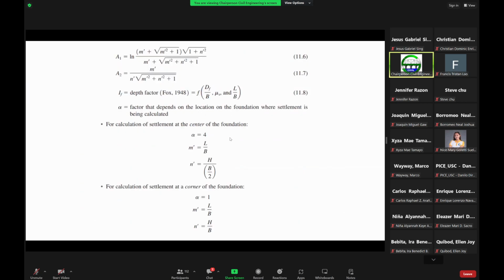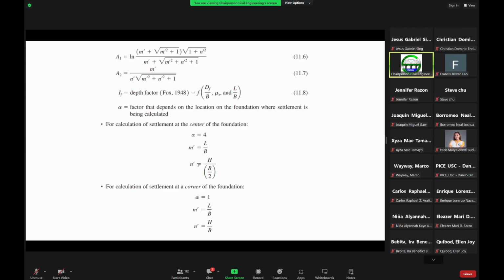So at the center of the foundation, alpha can be equal to 4. And then m prime is equal to L over B, the length of the foundation over the width of the foundation. If it is square, then this is just one. If you have a square foundation, then n prime is equal to H over B over 2, or 1/2 of the width of the foundation.